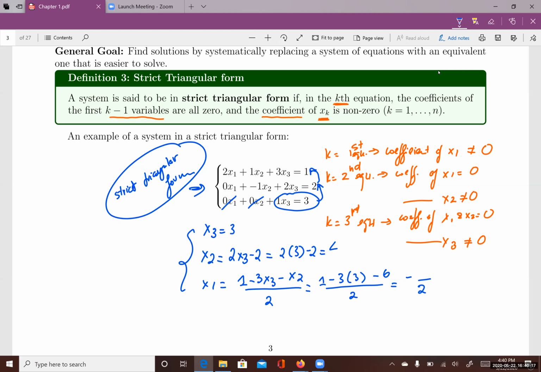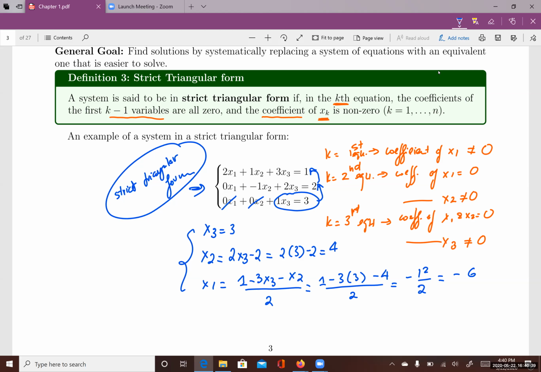Since this is 4, you should have 4 here. And then you should have 9 minus 8, minus 4, negative 12, which is going to be negative 6. Okay, all right, so these are the solutions for the system.